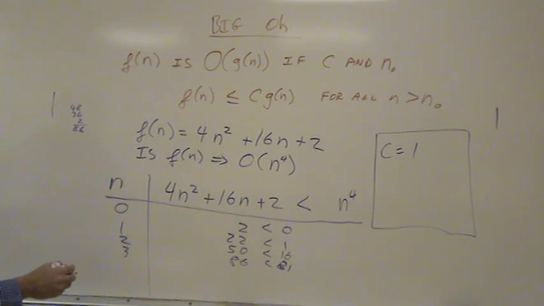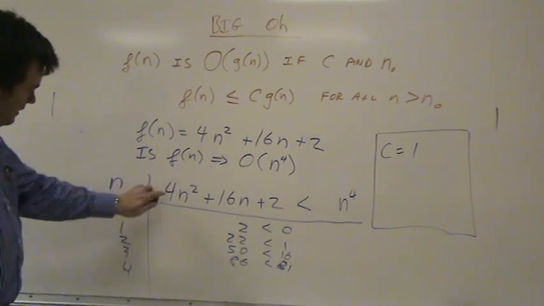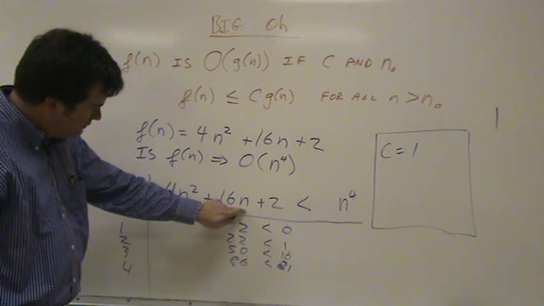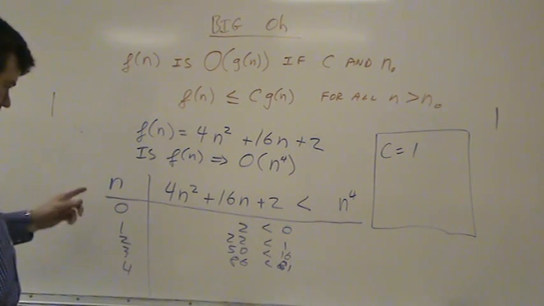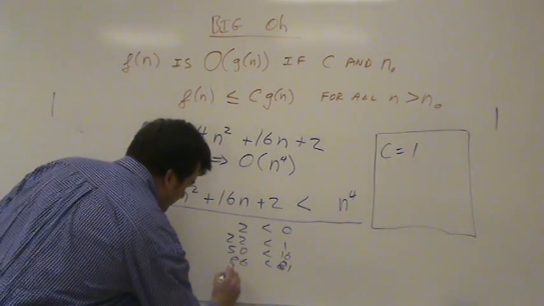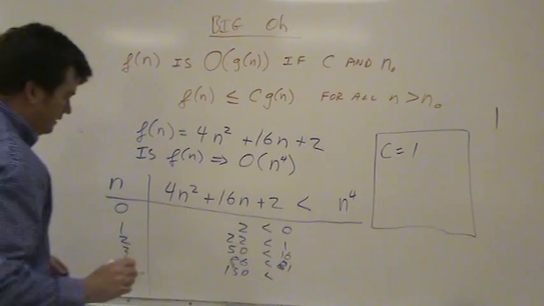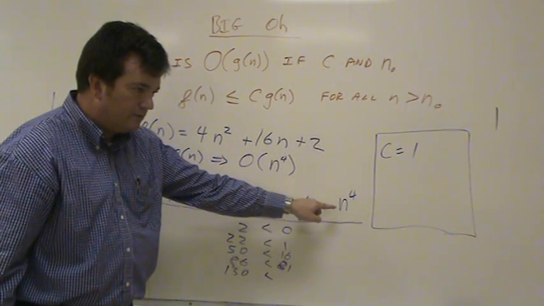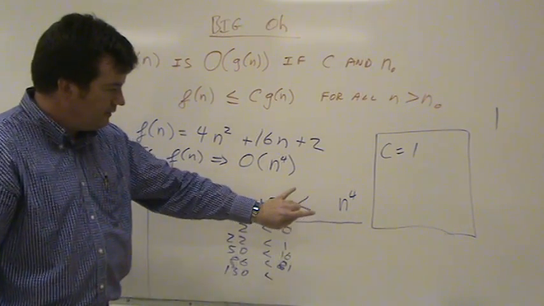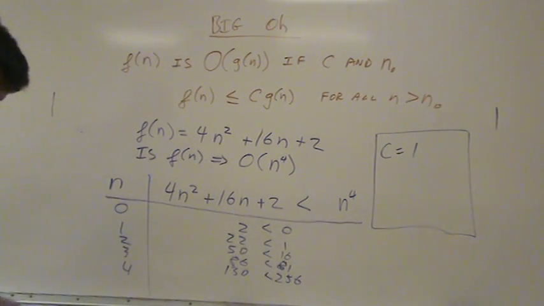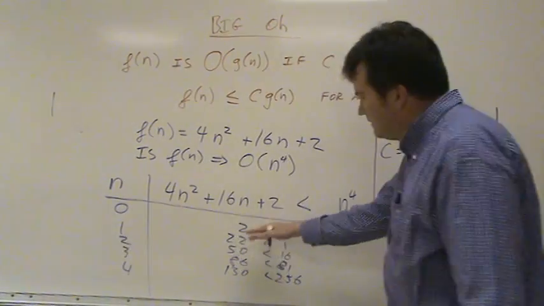Right? In the case of 4, what do we have? 4 times 16 plus 16 times 4 plus 2. 4 times 16 is 64 plus 64, that's 130, is less than 4 times 4 times 4 times 4. 4 times 4 is 16, 16 times 16 is 256. So that one works. I'm assuming I did this math right.